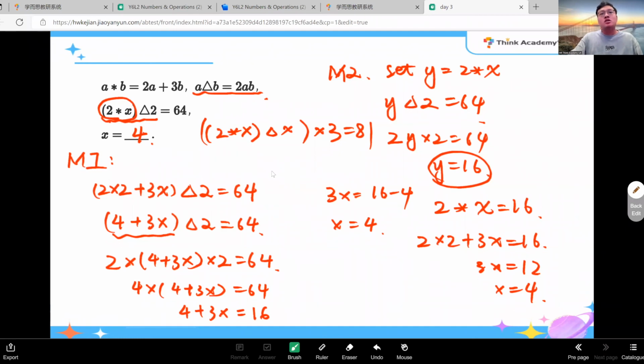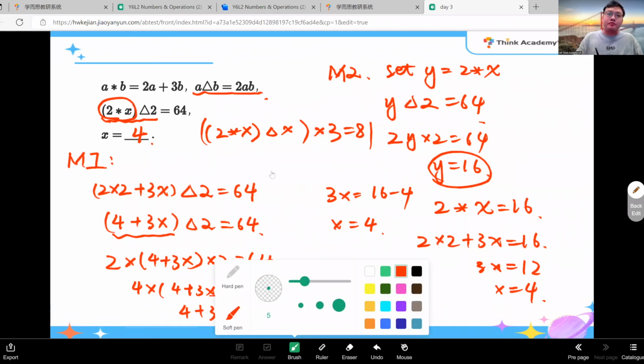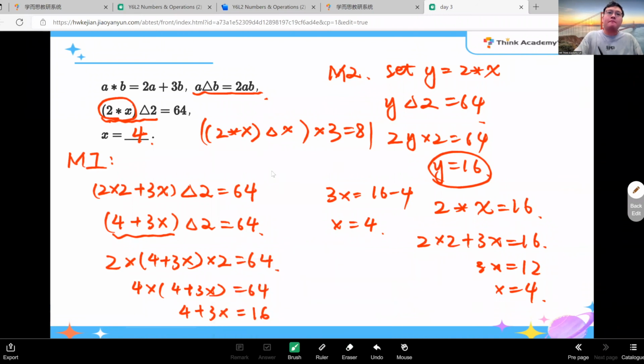Okay. So you see, if you got this kind of question, you got so many brackets here. And if you use this first method, it's really like to make a mistake.